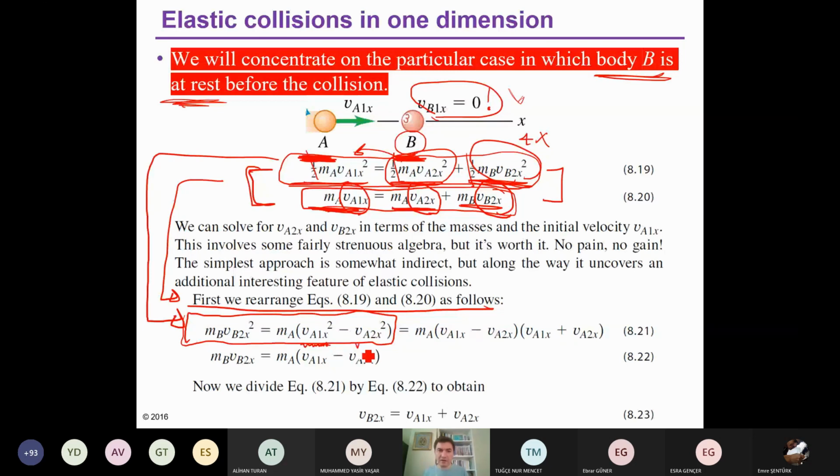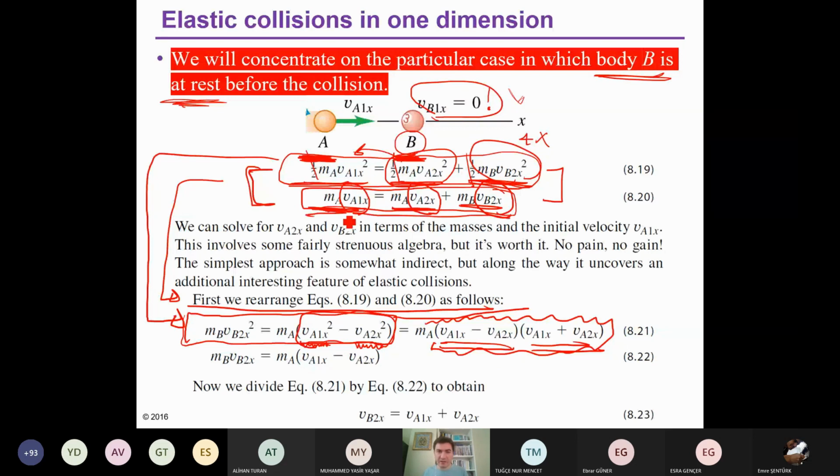I can write this expression from the mathematics you will remember like this. Okay, this expression can also be written in this form you remember from the mathematics. If you multiply this one with this one, you will get finally this expression here. So what about this expression here?